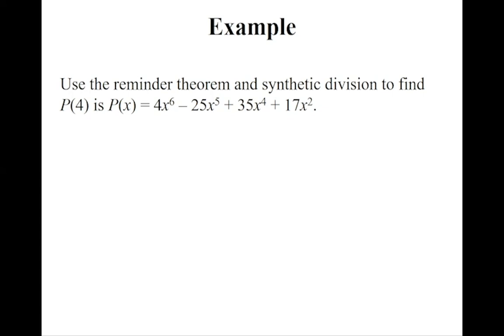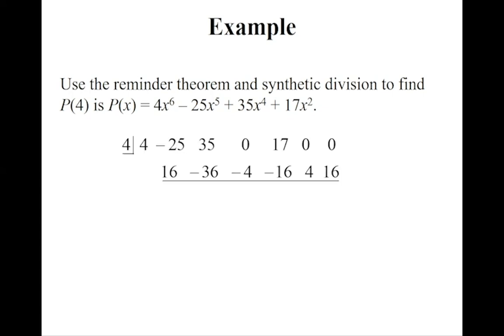And then square 4 gets 16, multiply 16 by 17, add that on to the end. We could do that, but those numbers are big. Instead, the remainder theorem tells us just do synthetic division with 4, and the remainder is p of 4. That's crazy.